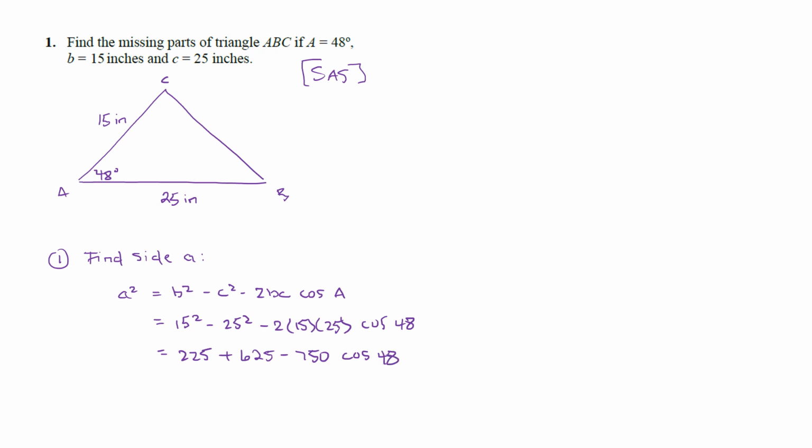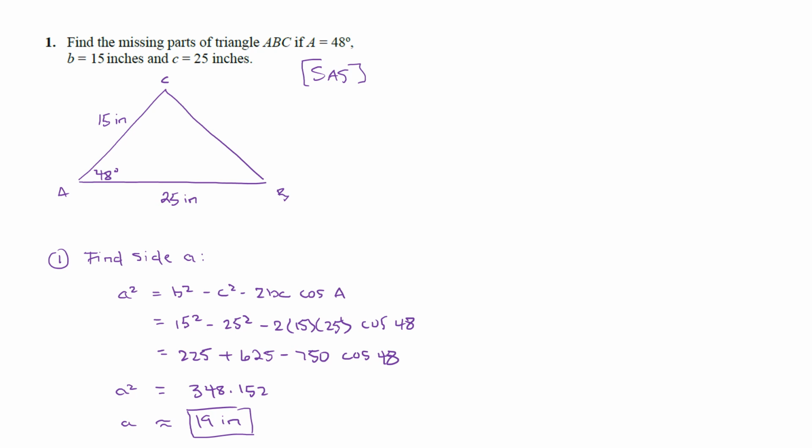We can enter this whole expression in our calculator and we'll get A squared equals 348.152. So we'll take the square root of both sides, and A approximately equals 19 inches.